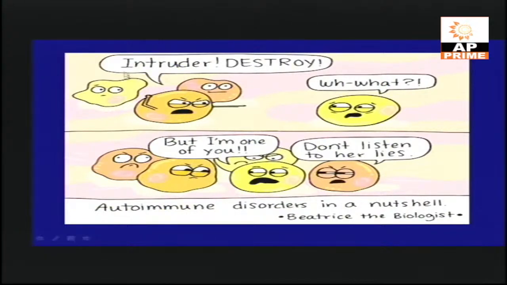But the cells of the immune system mistake it as a foreign or non-self antigen, and they react to the self antigen. So due to this loss of discrimination by the immune system between self and non-self antigens, autoimmune disorders, also called autoimmune diseases, occur.